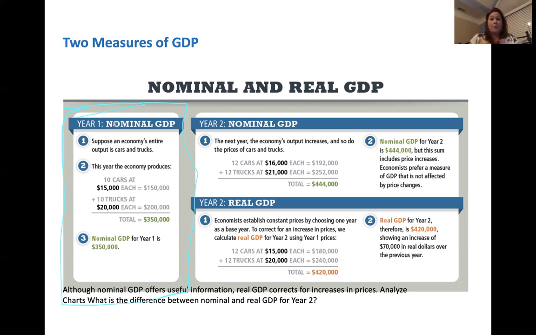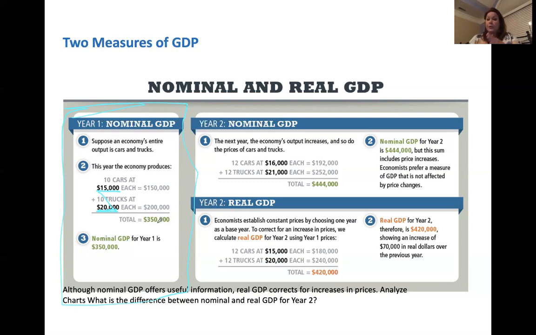And it will always be, even when it's real GDP, the first year will be in nominal dollars because we're valuing it at the dollars for that year. So this year we've got 10 cars at $15,000 each, 10 trucks at $20,000 each. So this is the price I'm underlining for a car and for a truck. Multiply, we get nominal GDP for year 1 is $350,000.